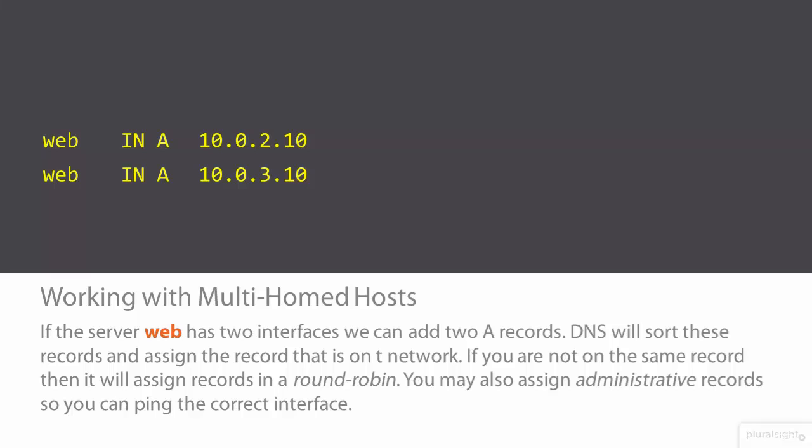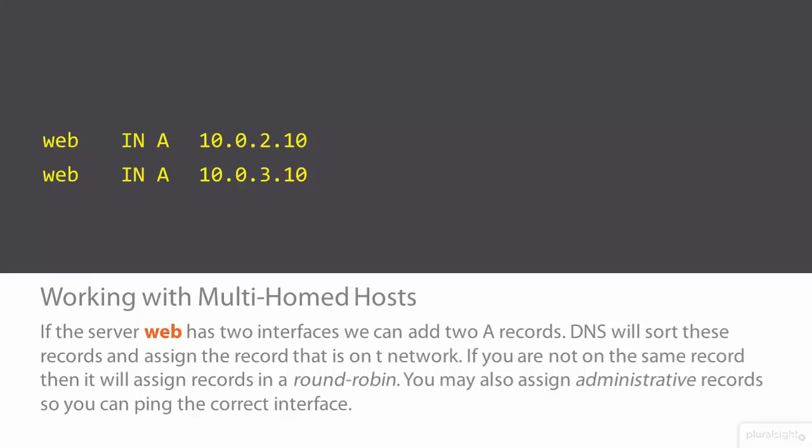Working with just these values, if we're on the 10.0.2 network, as a client, we're going to be assigned that when we access the hostname web. If we're on the 10.0.3 network, and I'm assuming here this is a 24-bit network, then we're going to be assigned the value of 10.0.3.10 for the host web when we access it.